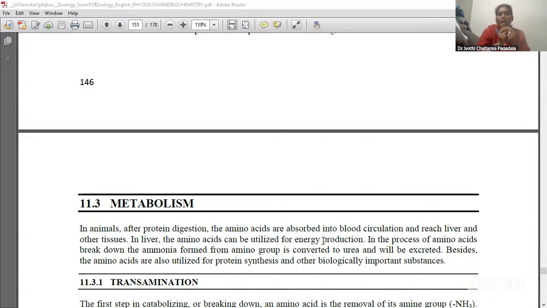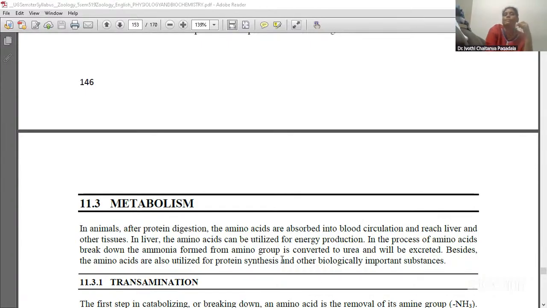In the liver, the amino acids can be utilized for energy production in the process of amino acid breakdown into ammonia formed from the amino group, where one amino group, which is reacted with the hydroxyl group, forms ammonia.